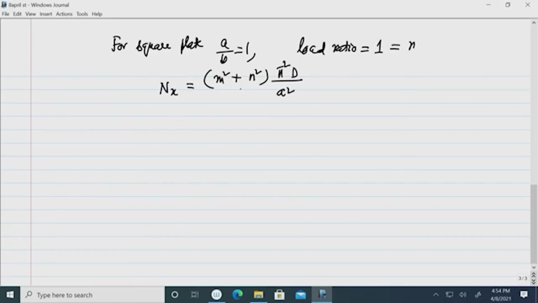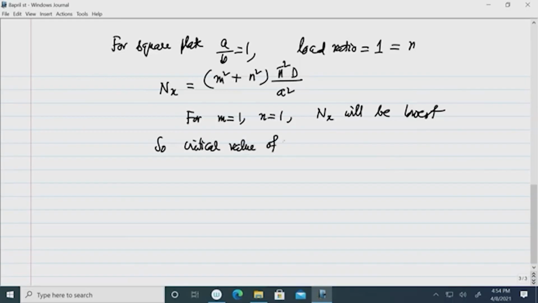Now, this is lowest. What will be the lowest value of N_x, for what m and n? For m equal to 1 and n equal to 1, because these are constant parameters, the N_x will be lowest. So, the critical value of N_x is now obtained by substituting m equal to 1 and n equal to 1, we get 2π² D by a².